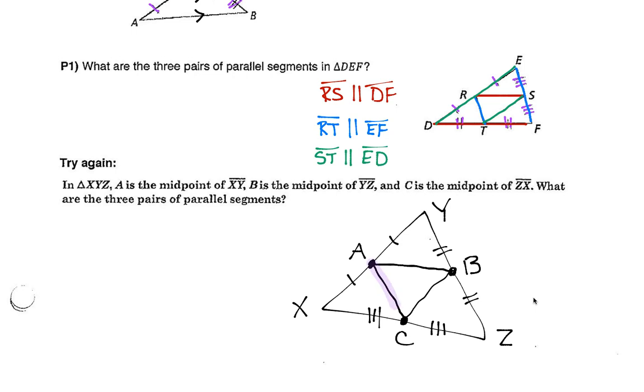So that's going to be AC and YZ. AB and XZ.